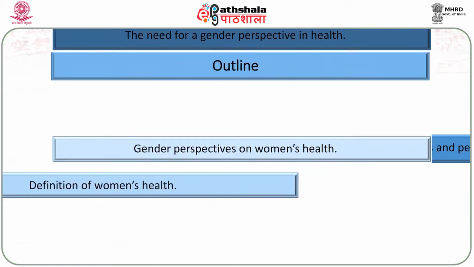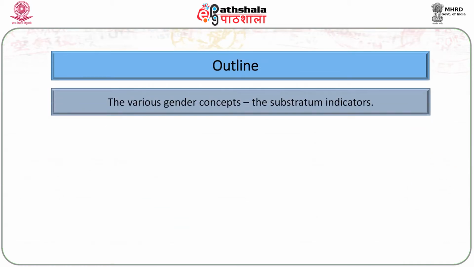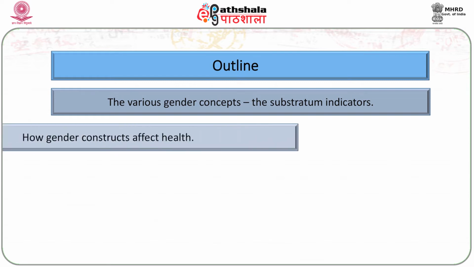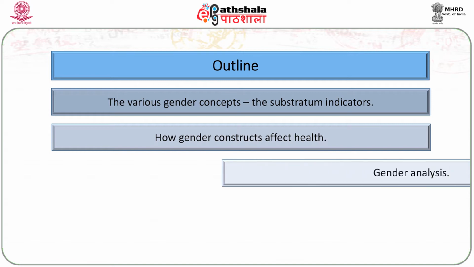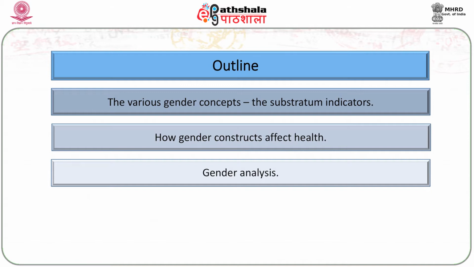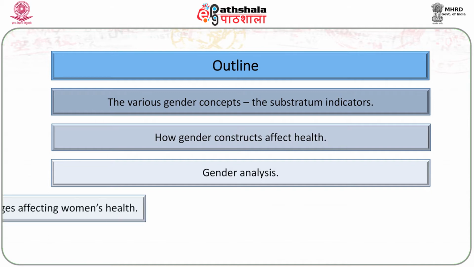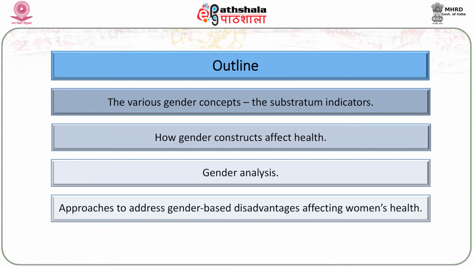The next one is the various gender concepts and the substratum indicators. This is followed by how gender constructs affect health. Next is the importance of gender analysis, and finally approaches to gender-based disadvantages affecting women's health.